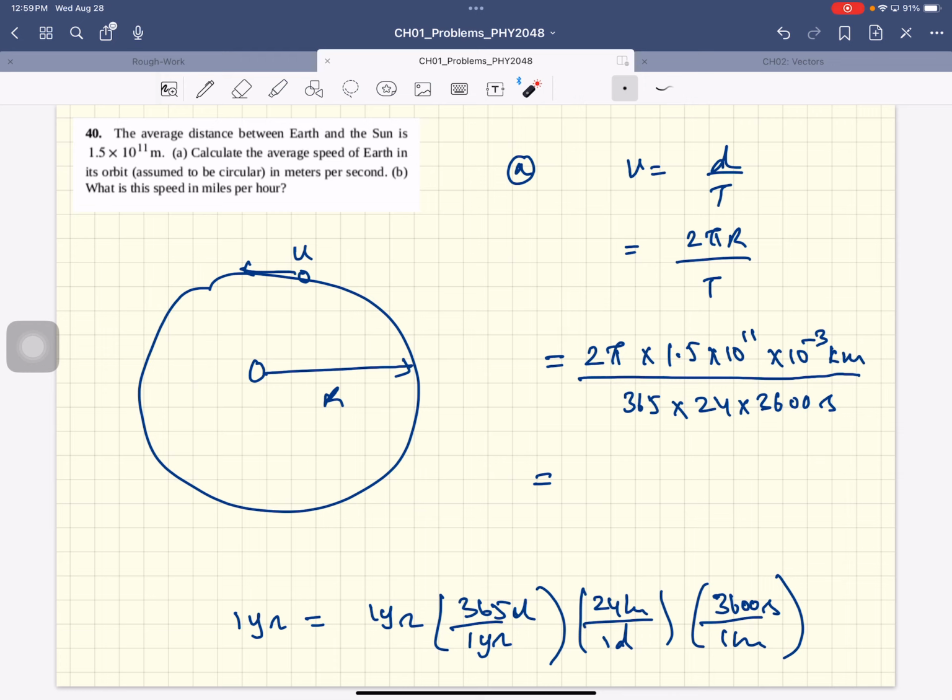So we'll say this is 3.65 times 10 to the power 2. Another one there, 3 plus 3, 6. In the denominator, you have 10 to the power 6. In the numerator, you have 11 minus 3 is 8. 8 minus 6 is 2. Did you guys understand that?